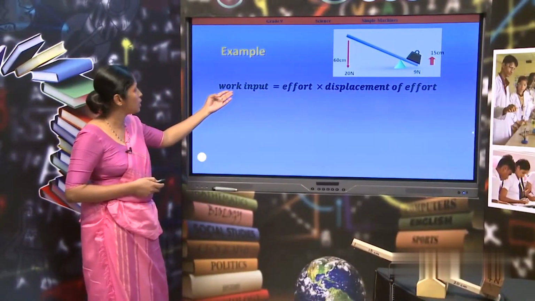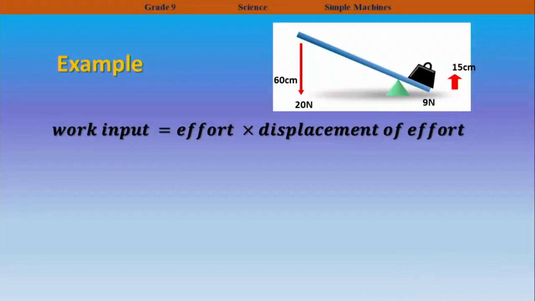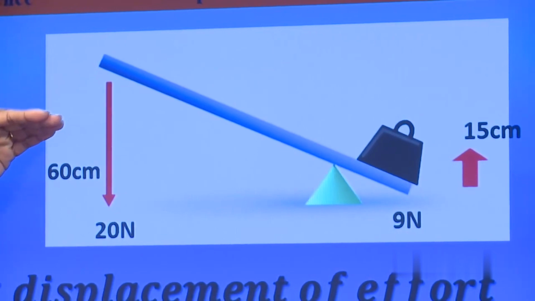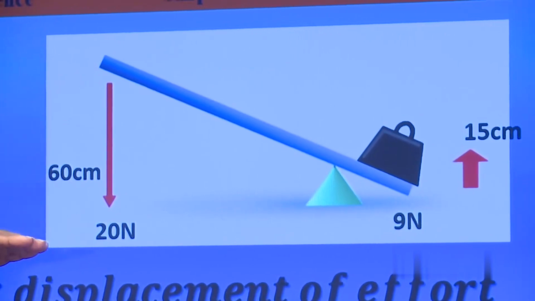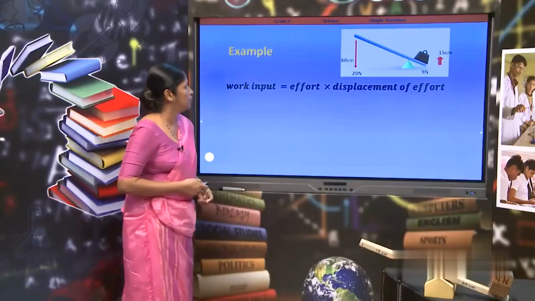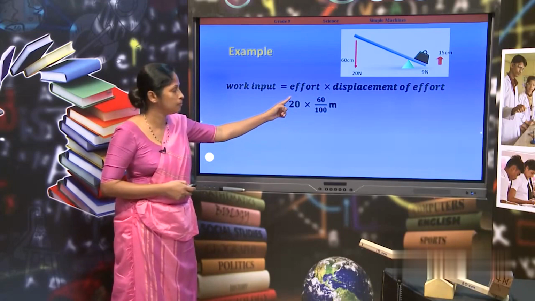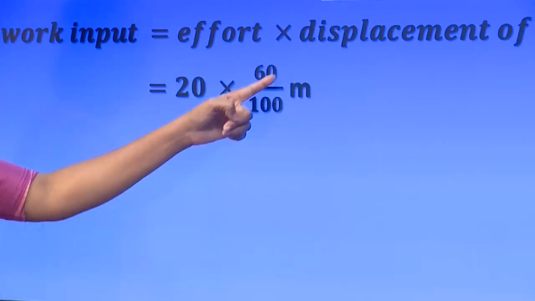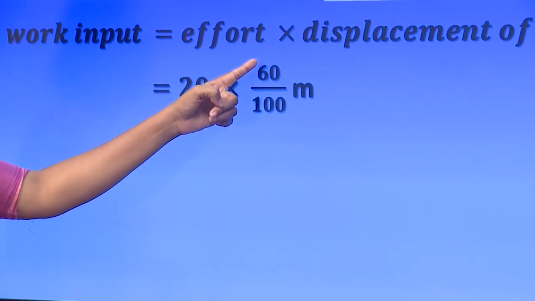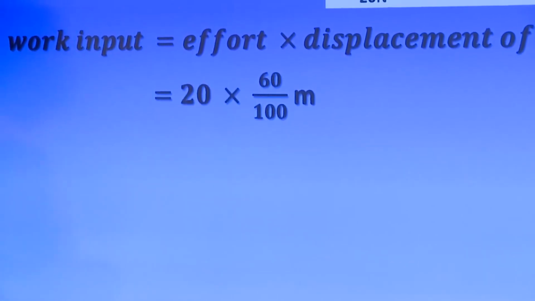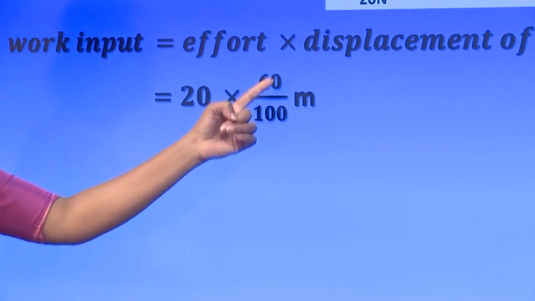Our equation, work input equals effort into displacement of effort. This is the effort, 20 Newton, and it is moved over a 60 centimeter distance. Effort 20 Newton, displacement 60 centimeter, and normally when we are calculating the displacement we should use meters.